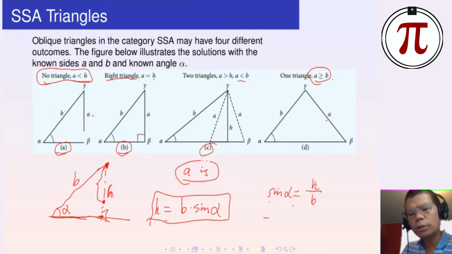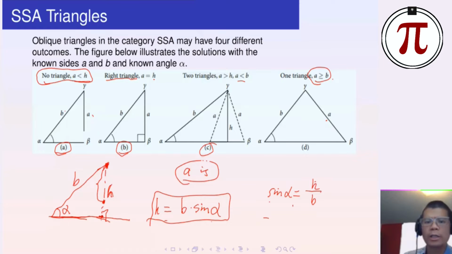Now, how to determine the value h? Okay, in this example here, we have the angle is alpha, which is the given angle, and A is the opposite side, right? B is the adjacent side, right?